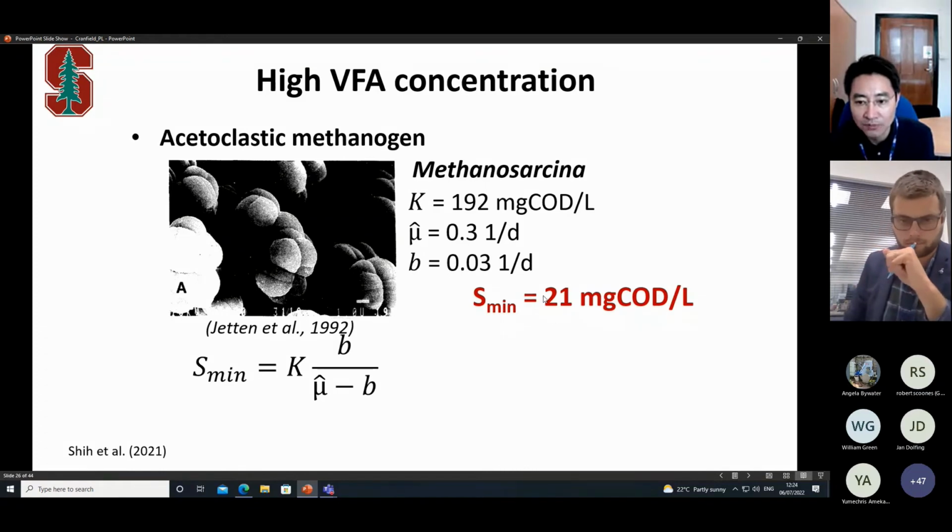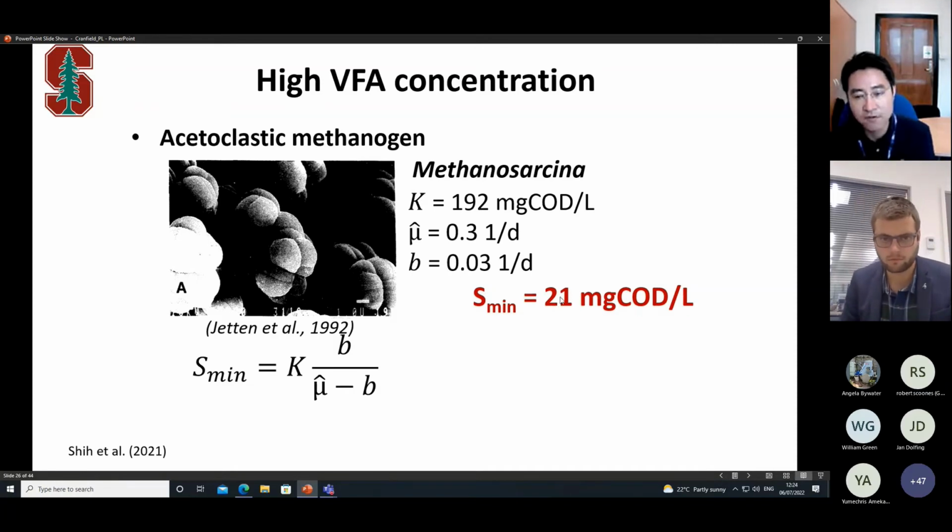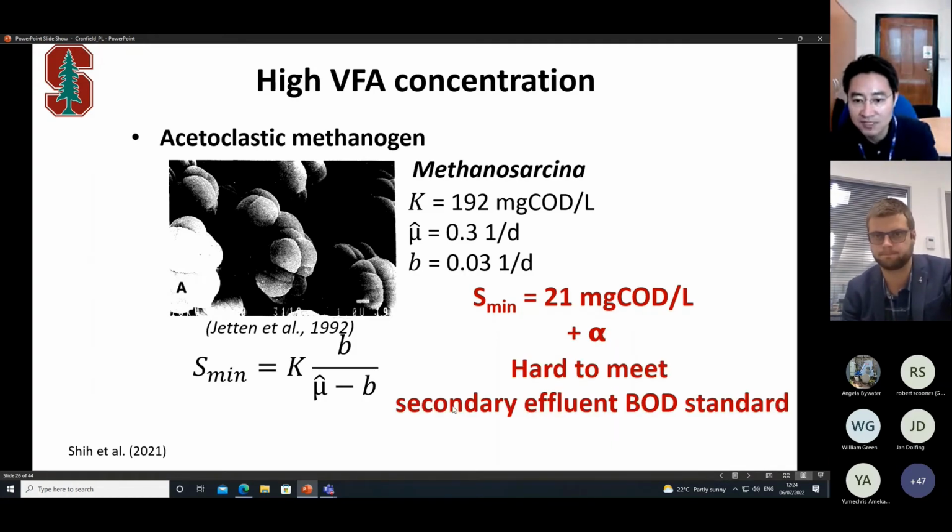And then they require a very high S minimum, which means this is the effluent quality for our sewage. So it's really difficult for this bacteria to meet the minimum requirement for sewage effluent quality in terms of COD or BOD5. It's really hard to meet a secondary effluent quality for the BOD standard because the S minimum is so high, 21.